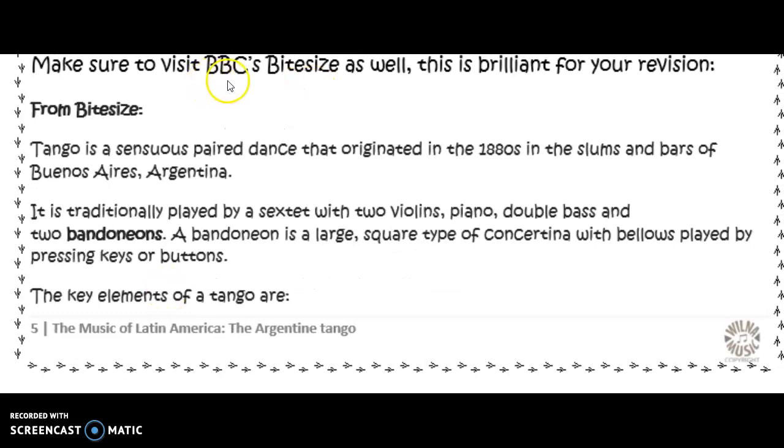I like visiting BBC's Bitesize, and it's brilliant for Eurovision. And from Bitesize, I took the following. Tango is a sensuous pair dance that originated in the 1880s in the slums and bars of Buenos Aires. It's traditionally played by a sextet with 2 violins, a piano, a double bass, and 2 bandoneons.